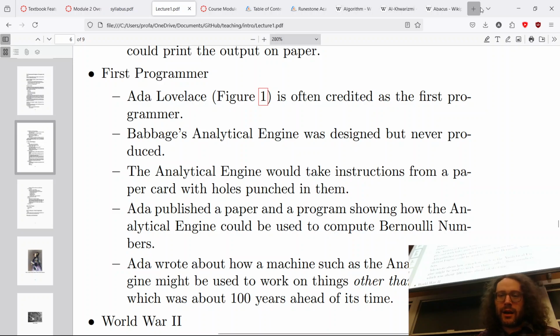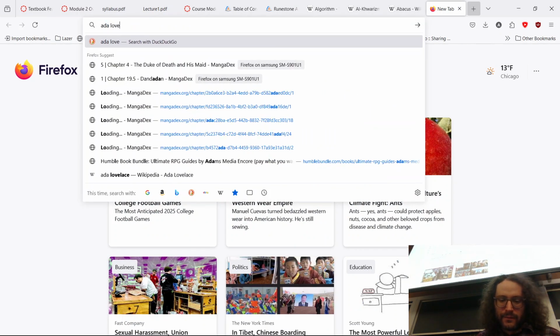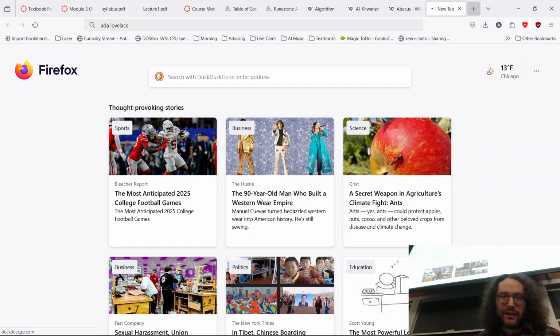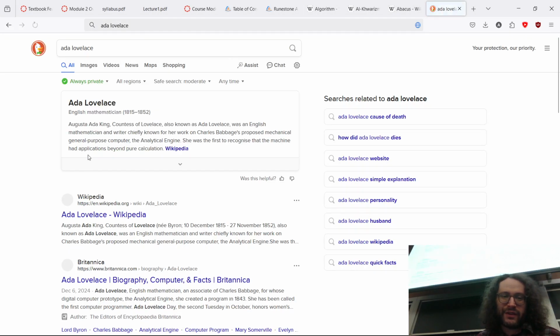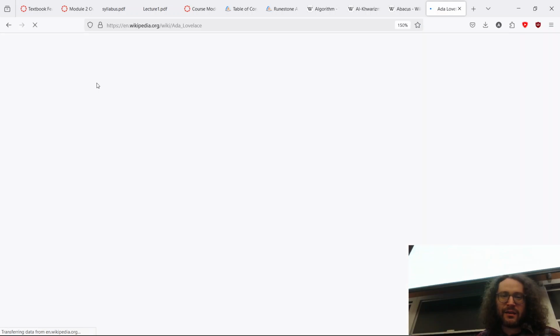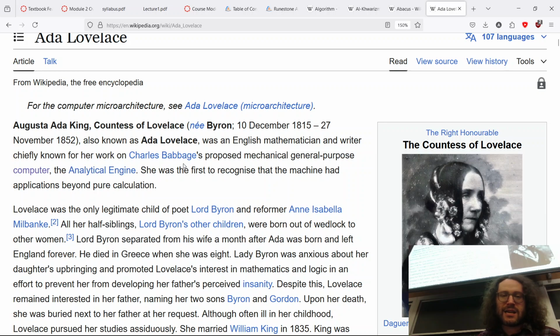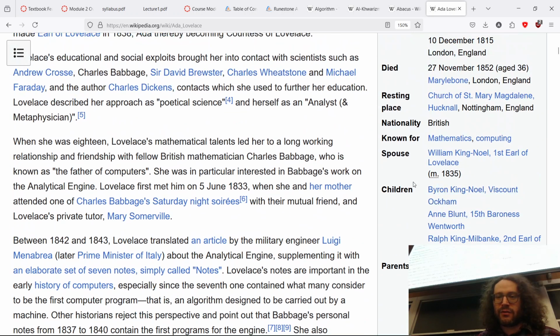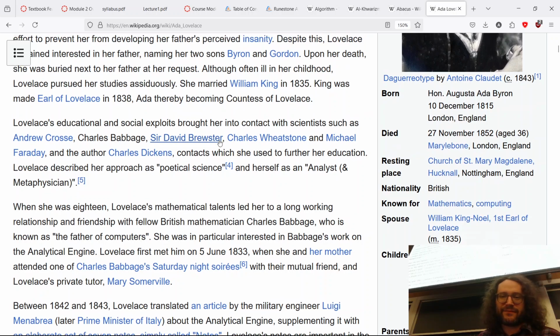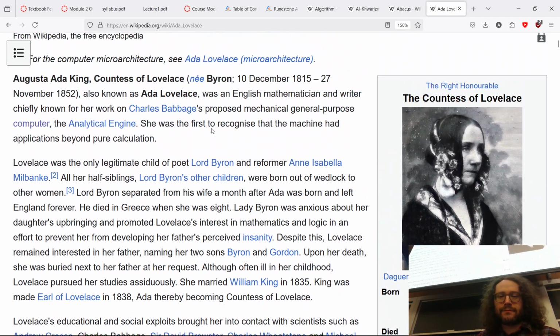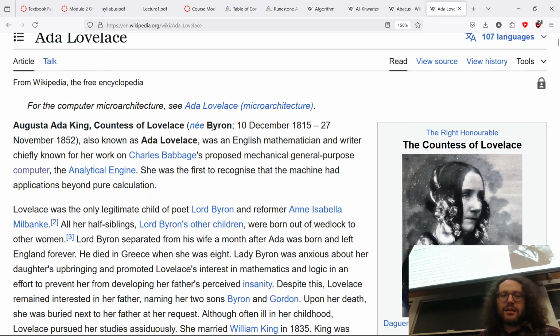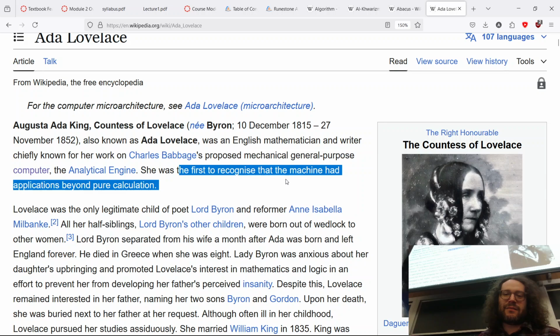Unfortunately, if we look at Ada Lovelace, we will see that she died at a tragically early age, 1815 to 1852. So that would make her 36. She was the first to recognize the machine had applications beyond pure calculation.